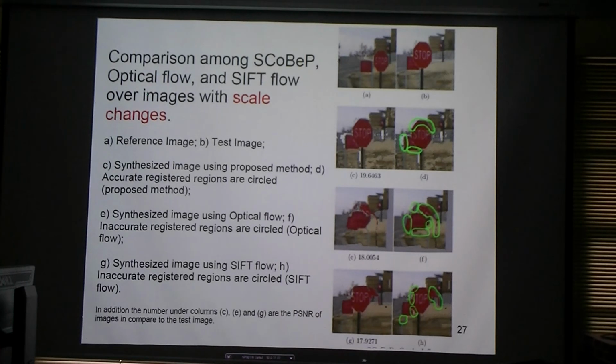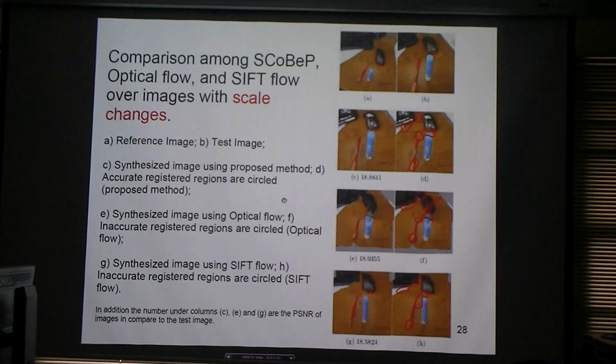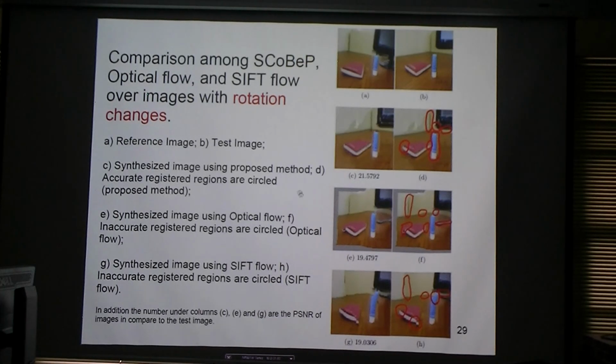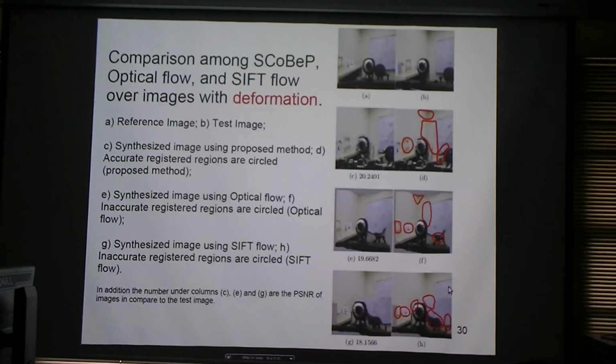You can also see the PSNR under each image. And also for this one we have scale changes. Here we can see the rotation changes, and this one is the deformation.